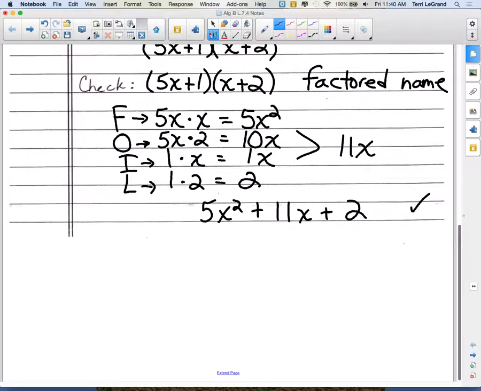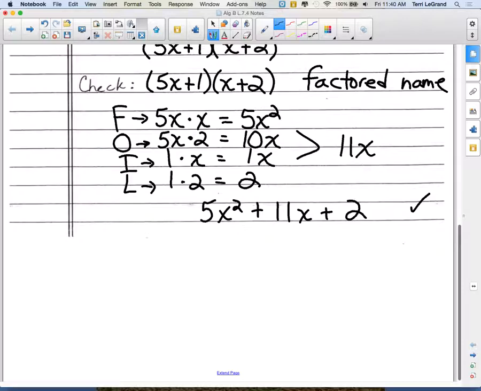And then you'd have to figure out what you would have to multiply to get 2. There's only one way to get 2, it's 1 times 2. And then you would have to say, okay, now what order do I want to rearrange those in so that when I FOIL it back out, I'll get my answer. So the book will teach you a guess and check method, setting up all the possibilities and then seeing which ones work, whereas this just leads us directly to it.